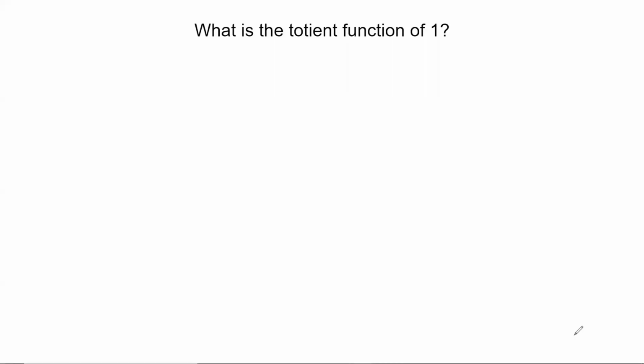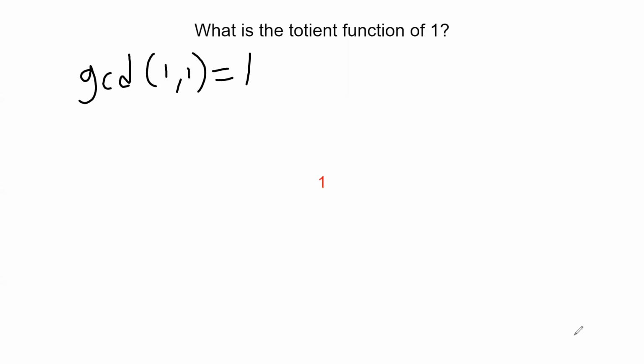If you take a look at 1, you'll see that the GCD of 1 and 1 is actually equal to 1, which means that 1 works, so there's only 1. So keep that in mind.